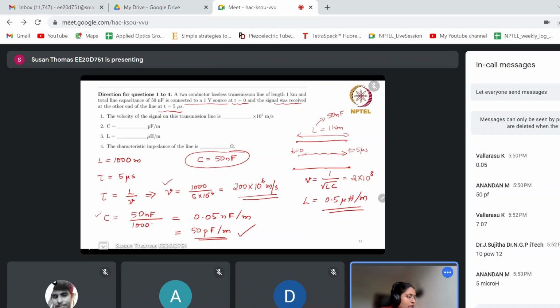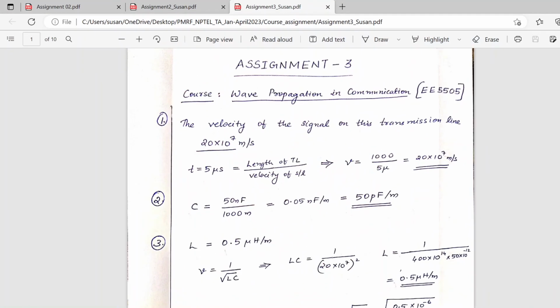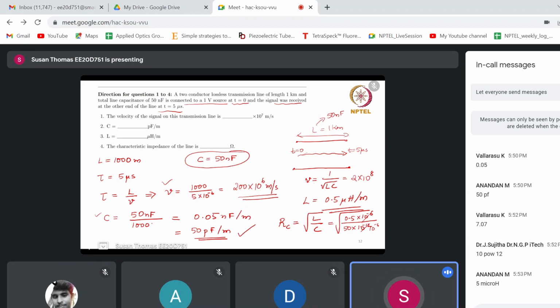Once you know L and C, you can always calculate R0, the characteristic impedance or characteristic resistance of the line, which is given by root of L by C. So what will be the answer for the characteristic impedance?